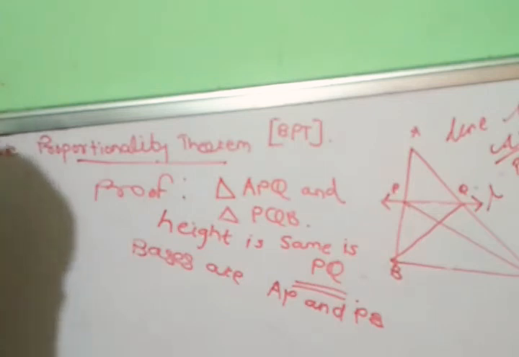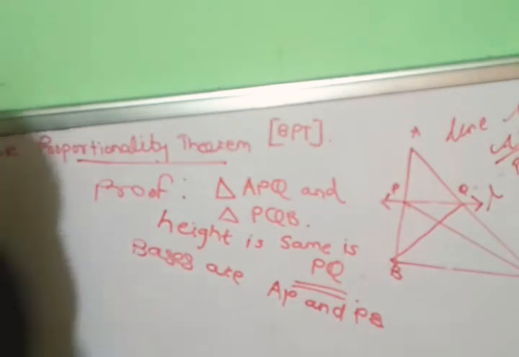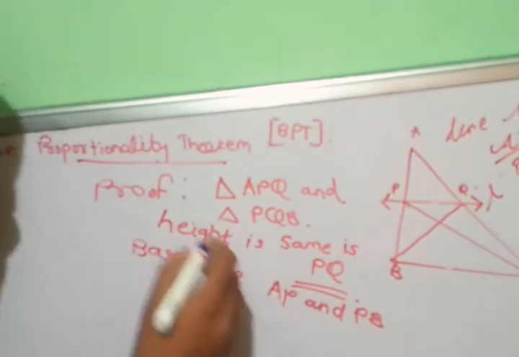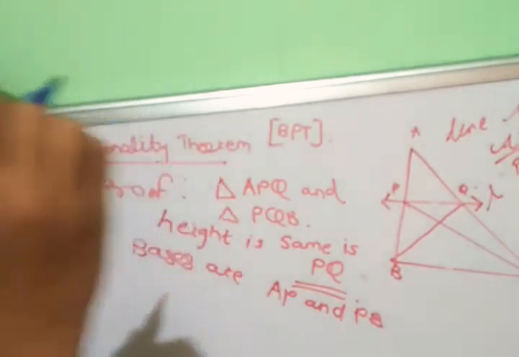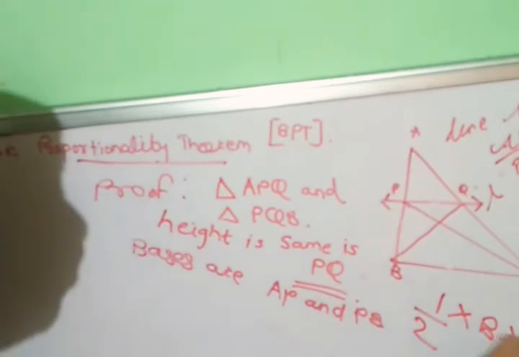The second step is the area of triangle APQ by the area of triangle PQB. The formula for the area of a triangle is half into base into height.